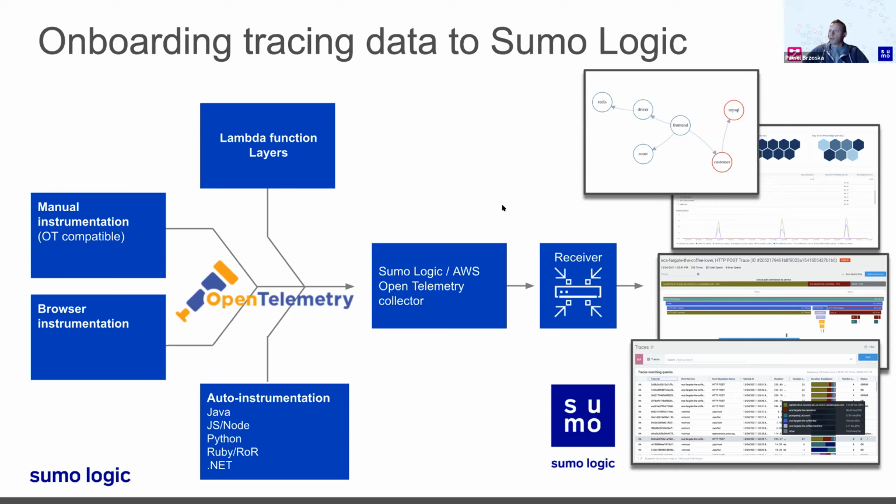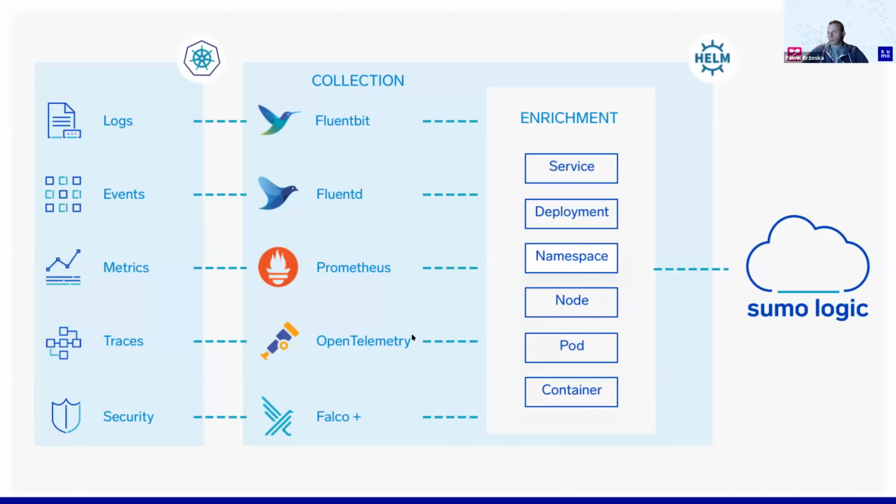Right, I wanted to take us one step back here and tell you something about how we collect data in Kubernetes environments. You might remember from previous slides that we're using the OpenTelemetry collector mostly for tracing because it has the highest maturity in that area. That's also true for Kubernetes, where OpenTelemetry is used to collect the traces.